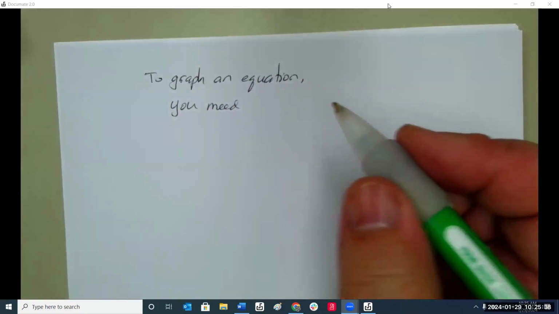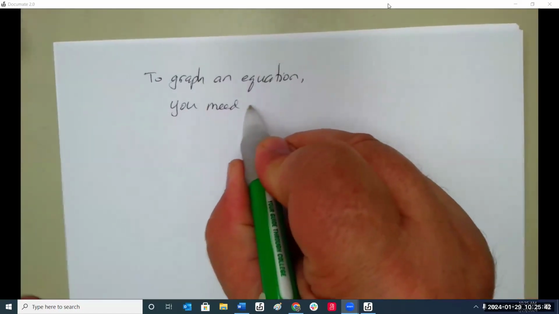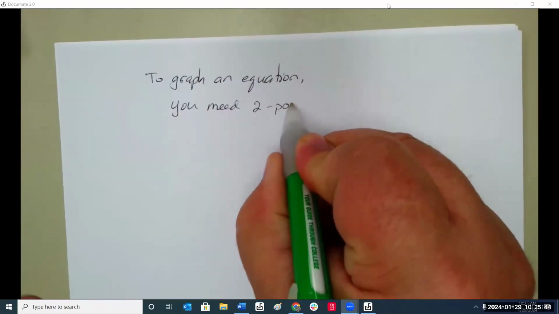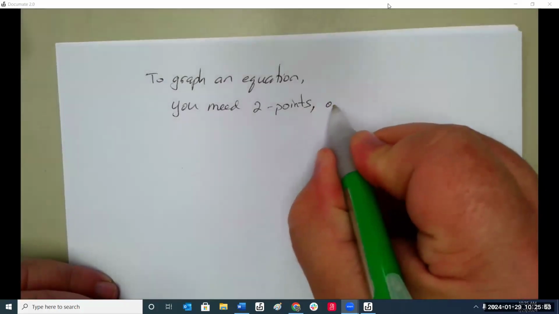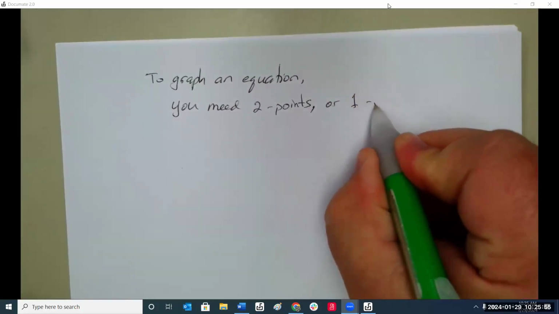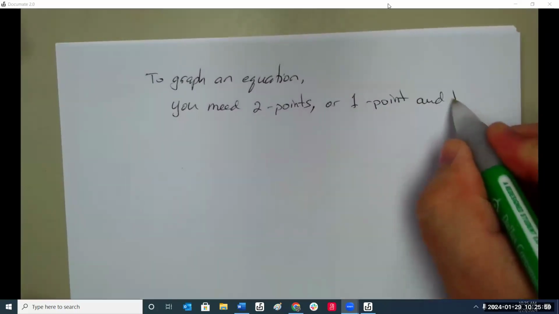Now, you'll see some books will say to graph an equation, you need 2 points. Okay, if you have 2 points, you can find the slope. Or 1 point and the slope.